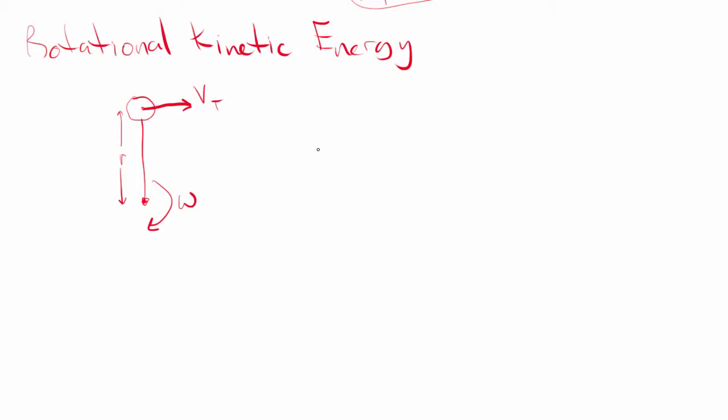And so if I use those quantities, I could come up with an equation for the rotational kinetic energy, which is just, starting with our basic definition, 1/2 times the mass of the object times the speed squared. Nothing new here. It's just now I have this v sub t because it's a tangential velocity.